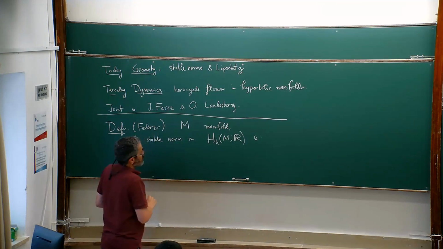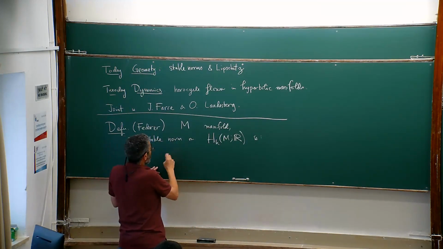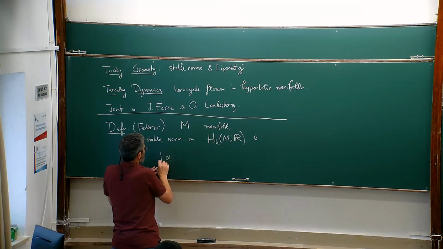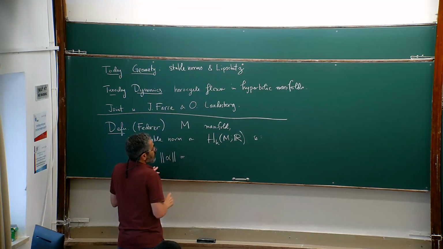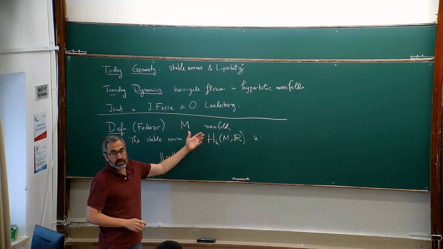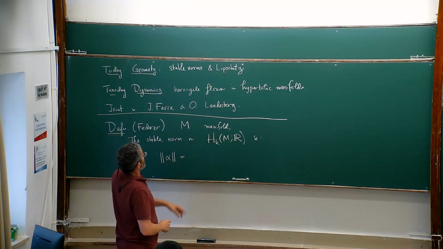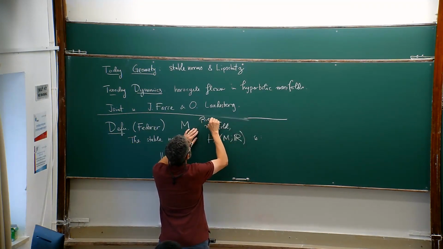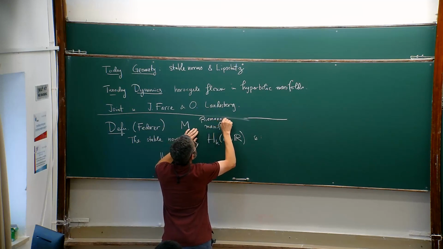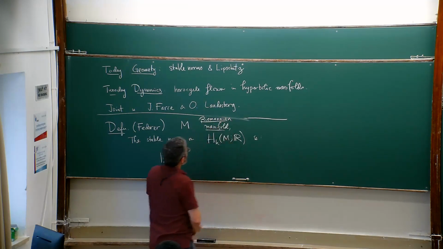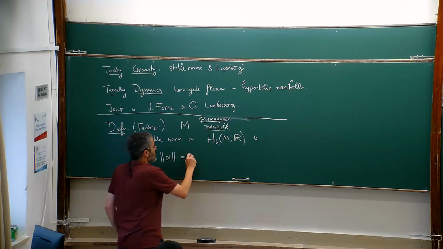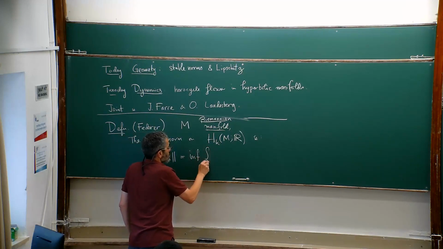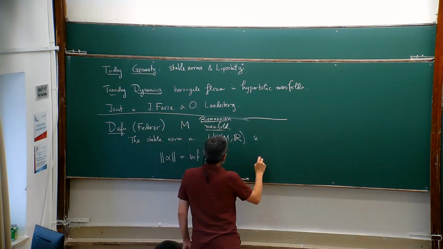If I take a homology class alpha, then its norm will be basically the size of the smallest representatives. Did I say that M is Riemannian? I did not. So what is this? It's just the infimum over all expressions like this.